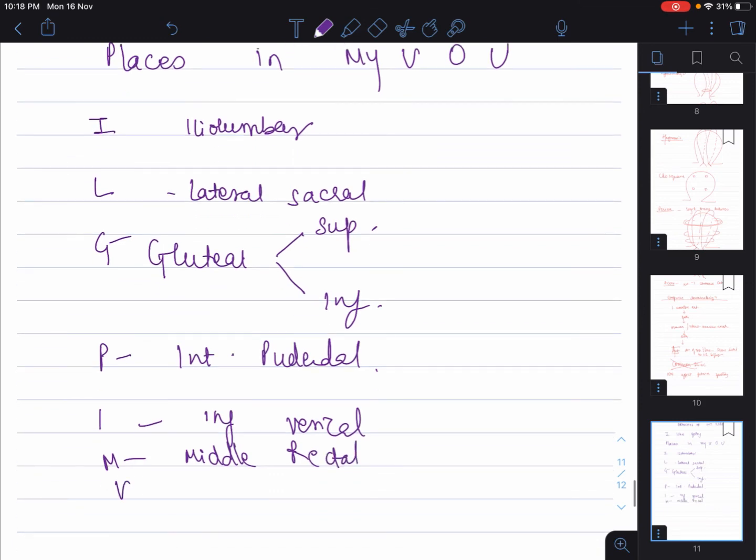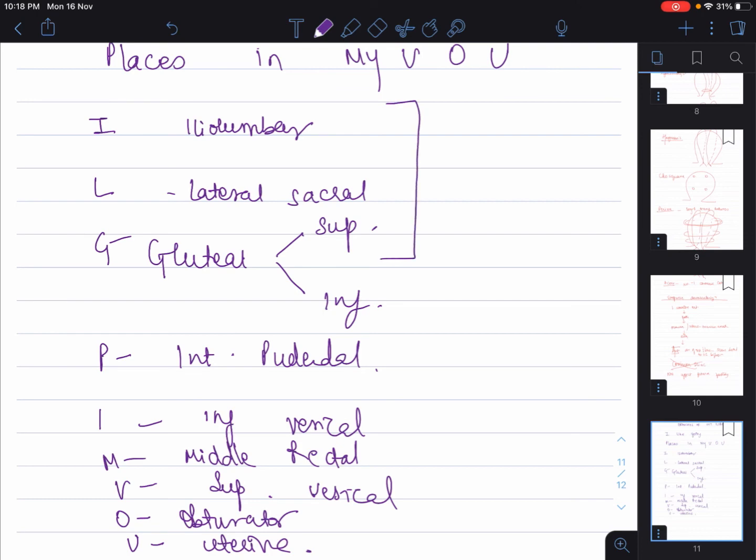V is for your superior vesical. O is for obturator. U is for uterine. Right, so from here to here is the posterior division, and here to here is the anterior division. Voila. So you know the anterior division of the internal iliac, and over here we have the uterine. That is why we like the anterior division, right?